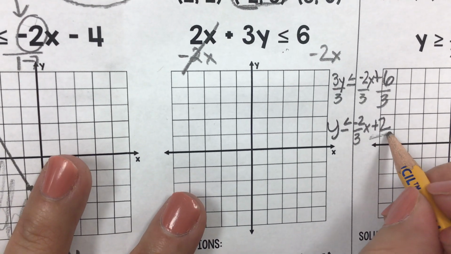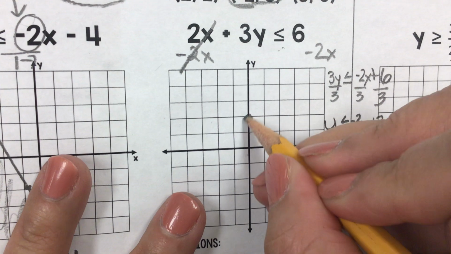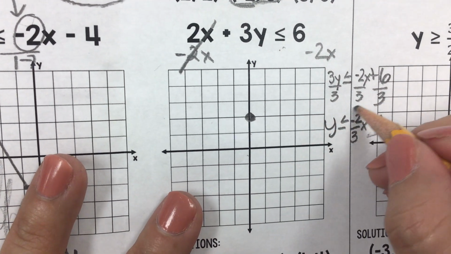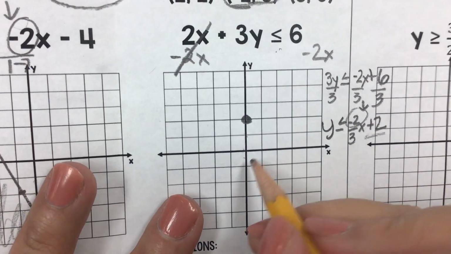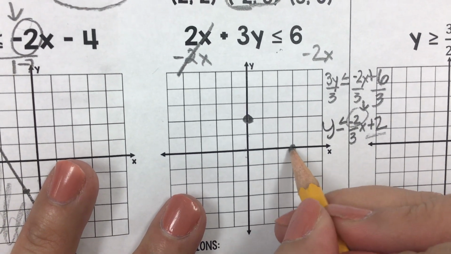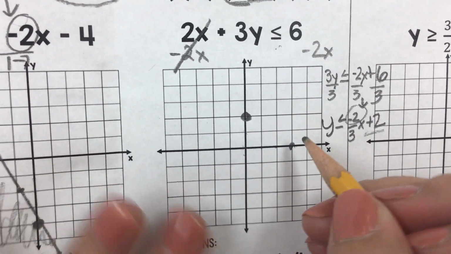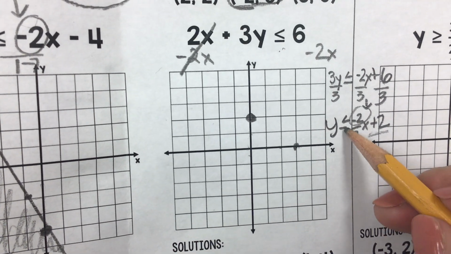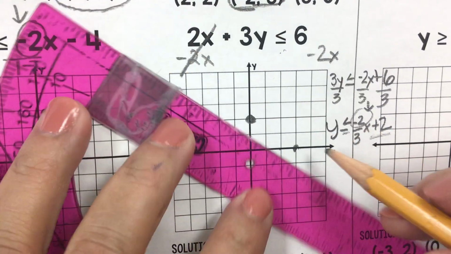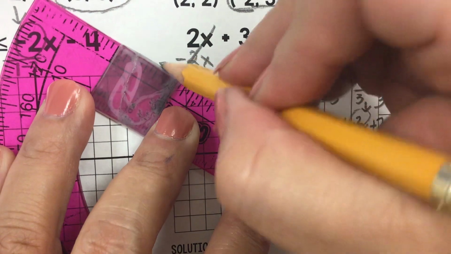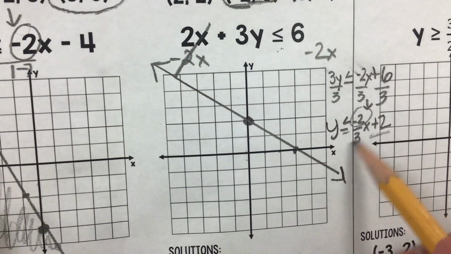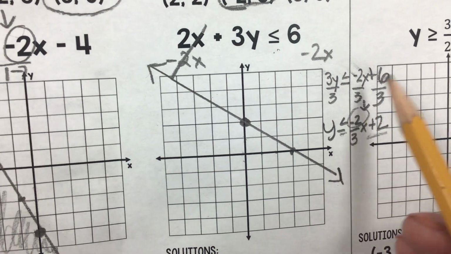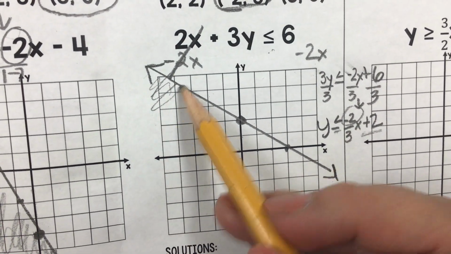Our 2 is our y-intercept, so 1, 2. We're going to go down 2 to the right 3. I'm going to make a solid line thanks to this line right here. And it says less than, so anything underneath that line.